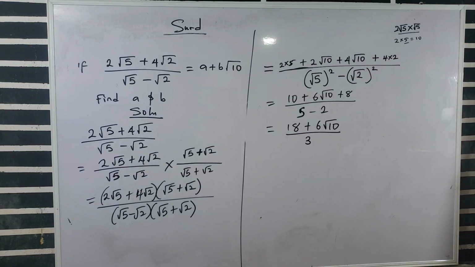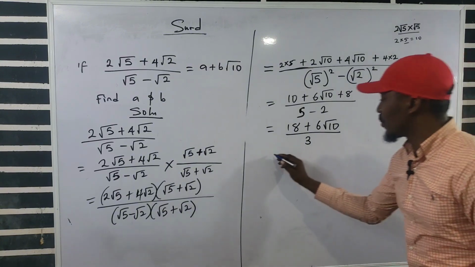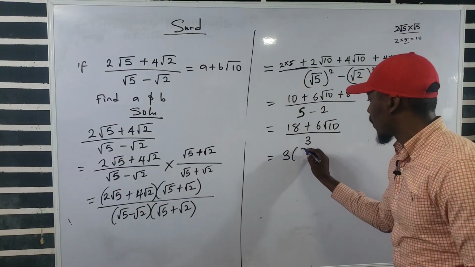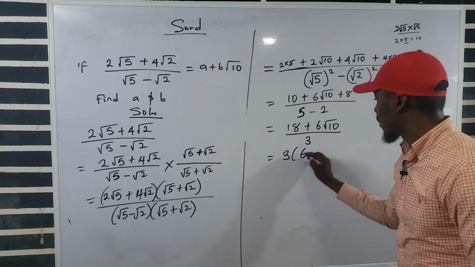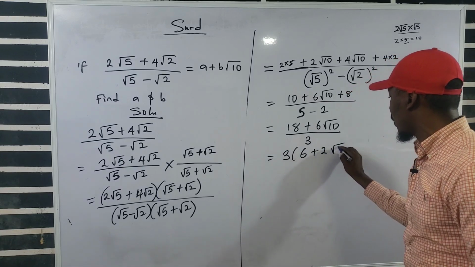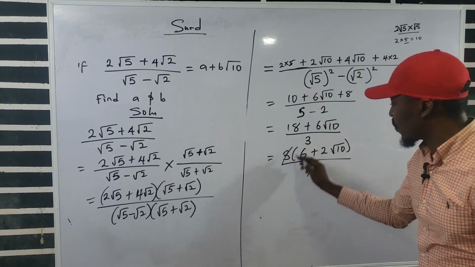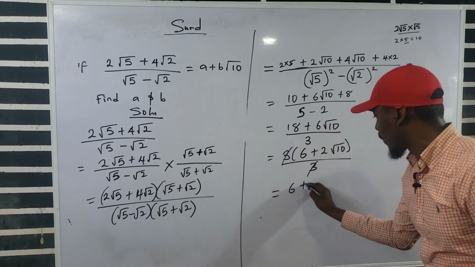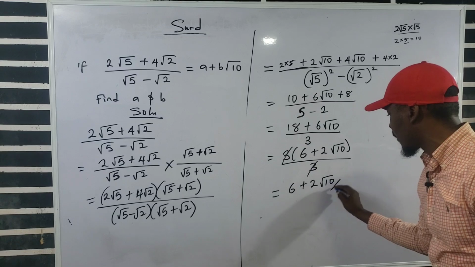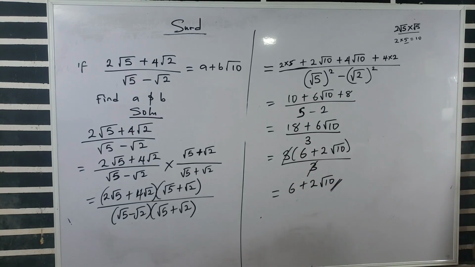You can see that in that 18 plus 6 root 10, we can actually factor 3 out. When you do that, you have 3 into 6 plus 2 root 10 all over 3. So this and this will cancel, and we have 6 plus 2 root 10.